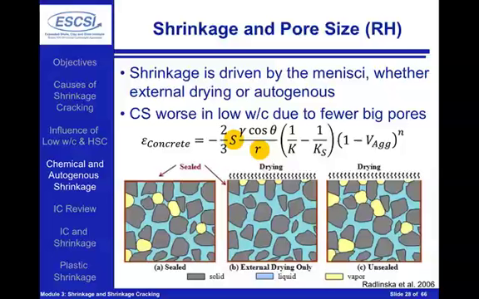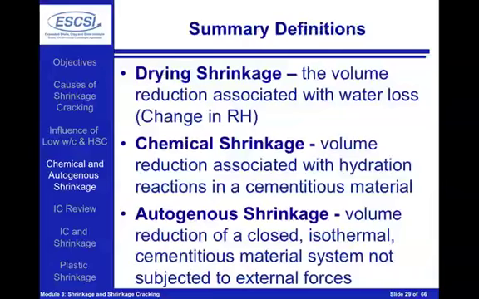As we get to a higher performance concrete, where we get to lower water to cement ratio materials, where we're using a lot of finely divided smaller powders, we're going to see this value of R really decrease, and that's going to drive the shrinkage up in the concrete. So those are really some of the important distinctions, and this is one of the reasons why shrinkage is a much bigger issue for higher performance concretes.